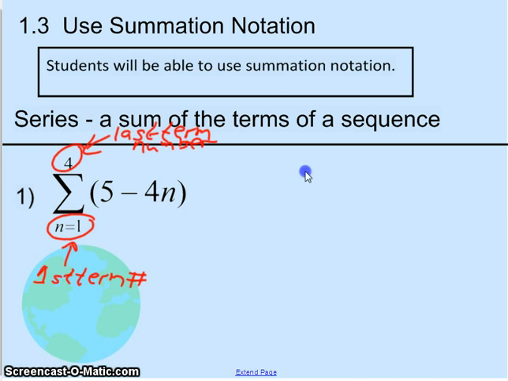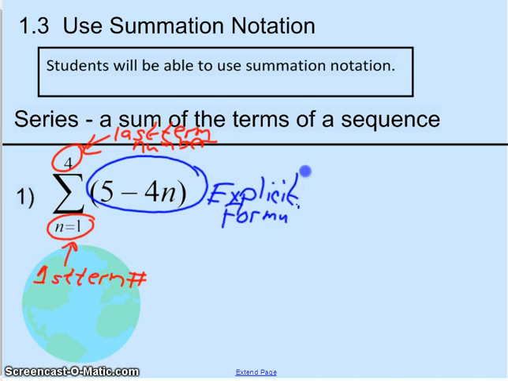Next to the capital sigma is the explicit form of the sequence. Since that is a linear expression, we know it's an arithmetic sequence.